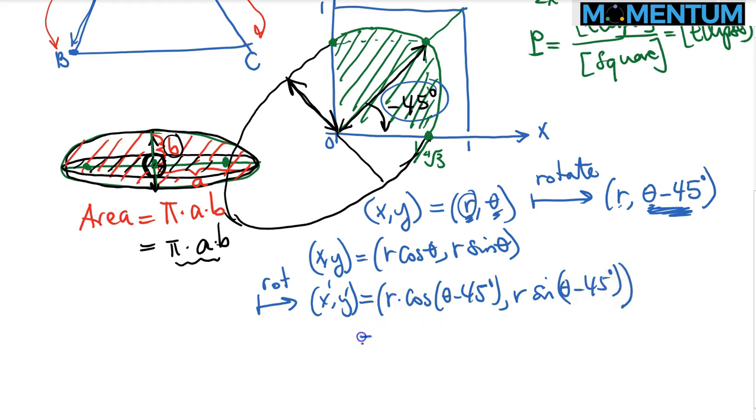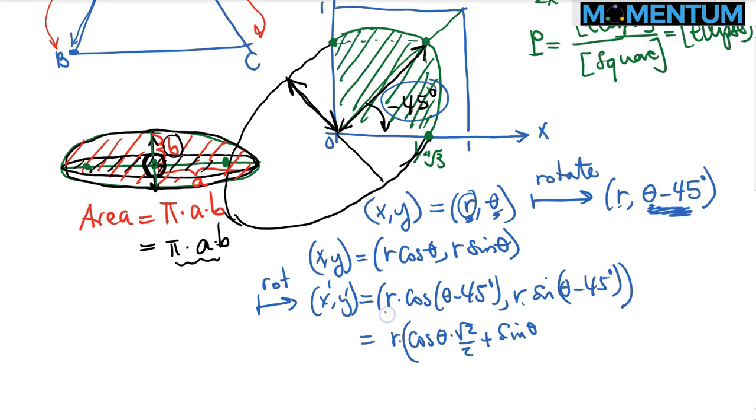So now at this step, I can go ahead and use the addition formula. So r times cosine of theta times cosine 45 degrees, which is just root 2 over 2, plus sine of theta times sine 45, which is root 2 over 2. There's an r outside, so we can just factor out r altogether.